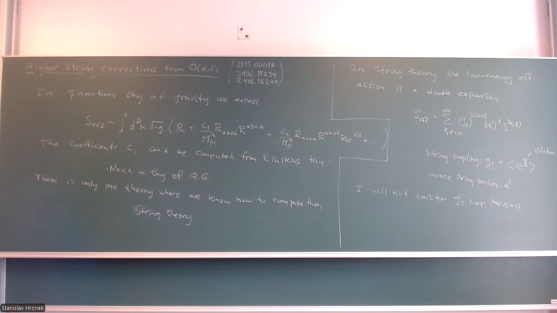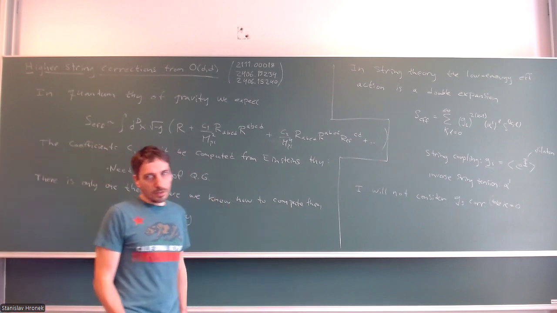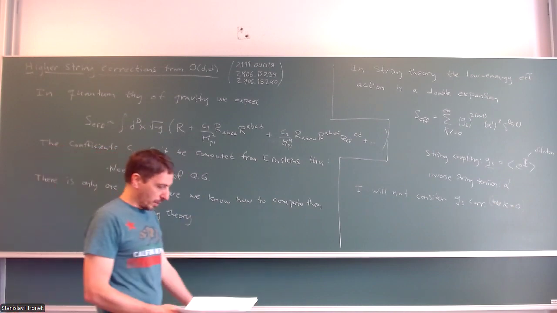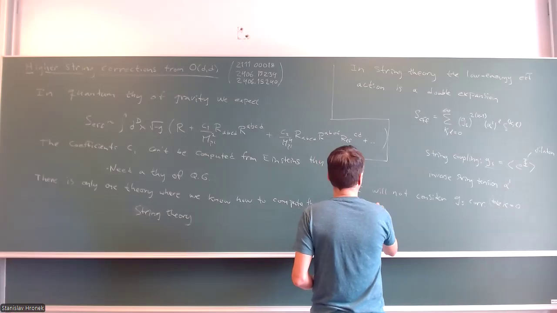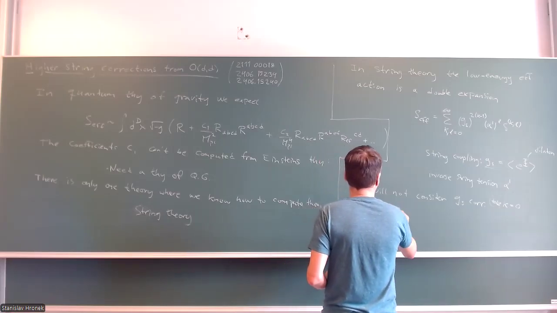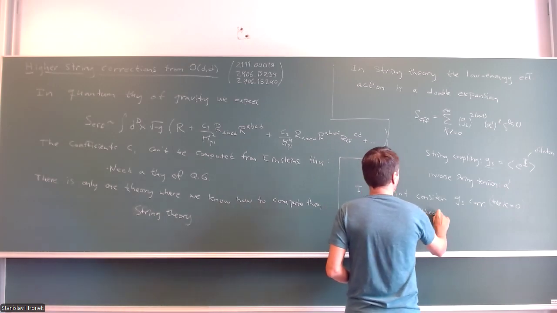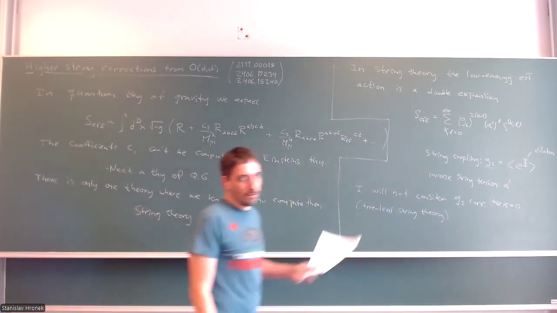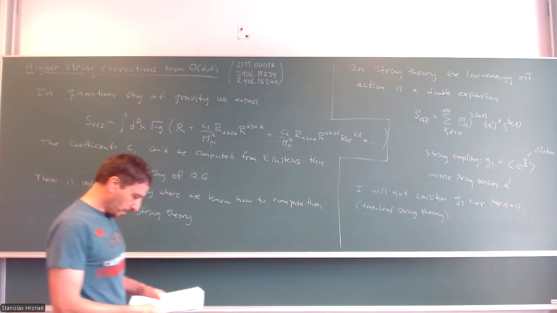Taking k equal to 0 corresponds to being at tree level in string theory, so we don't include any string loop corrections. But there's still an infinite series of higher derivative corrections that we have to deal with.